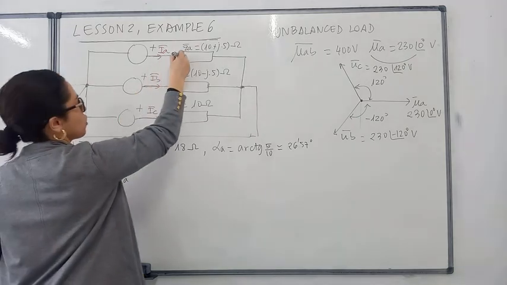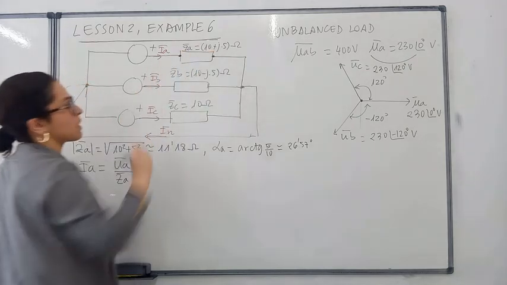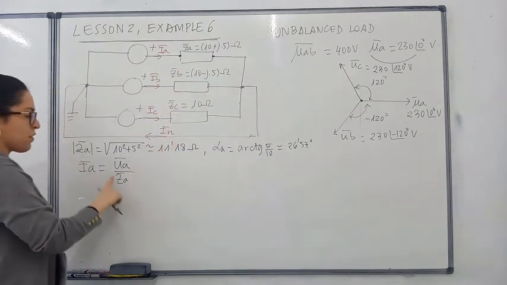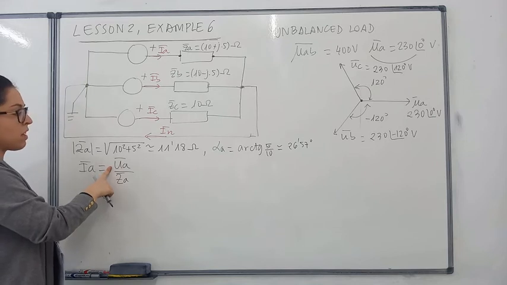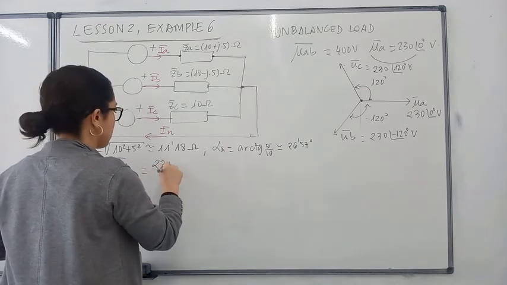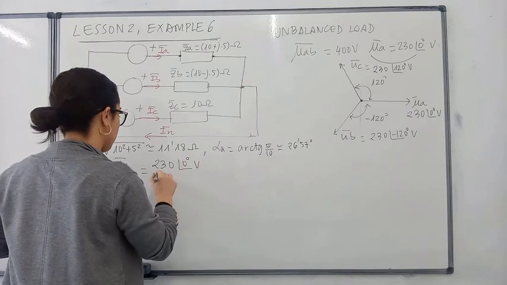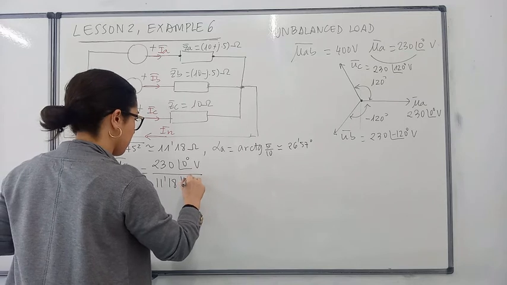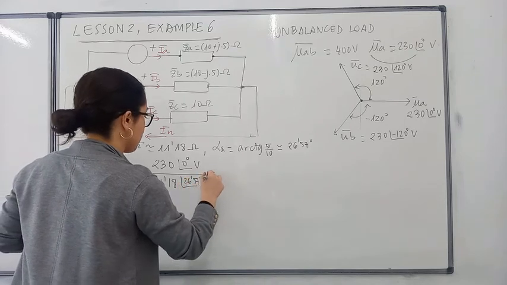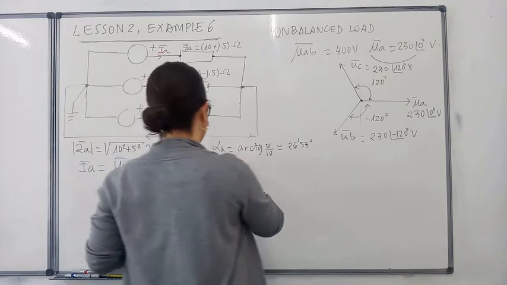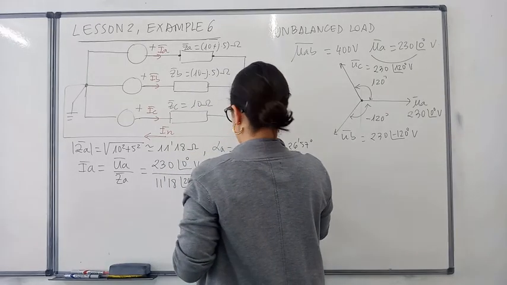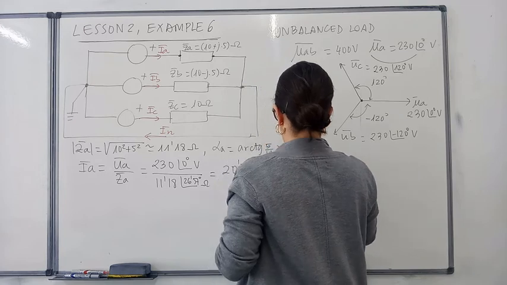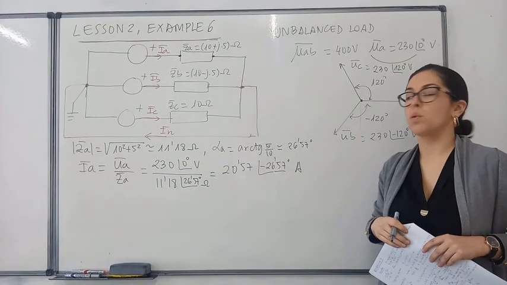That is because we have this impedance connected in a star, and the difference in potential between these two points coincides with phase voltage UA. So that is 230 volts divided by 11.18 26.57 ohms, which gives the current of 20.57 minus 26.57 amps. So that is line current A.